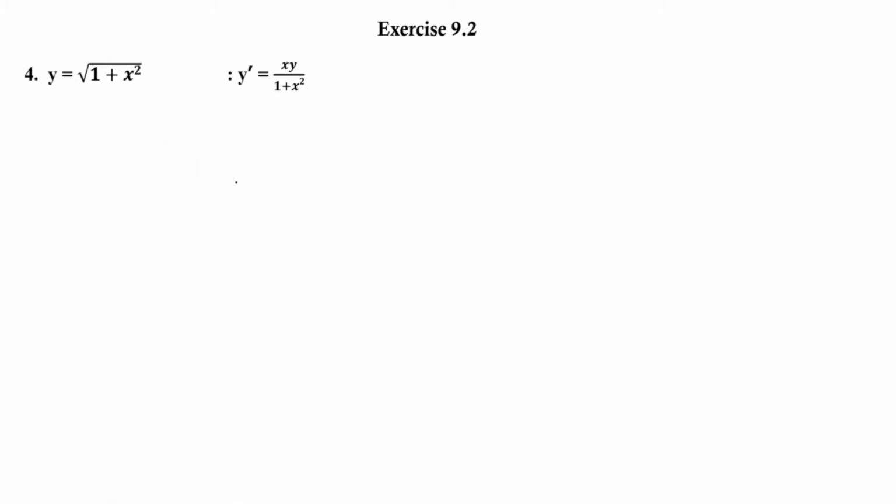The next question is y equal to root of 1 plus x square, and we have to check whether it satisfies the differential equation y dash is equal to xy by 1 plus x square. So first let us differentiate. y dash is equal to 1 by 2 root of 1 plus x square into 2x. First we differentiate this, and then we differentiate x square into 2x. So here let me multiply and divide by root of 1 plus x square.